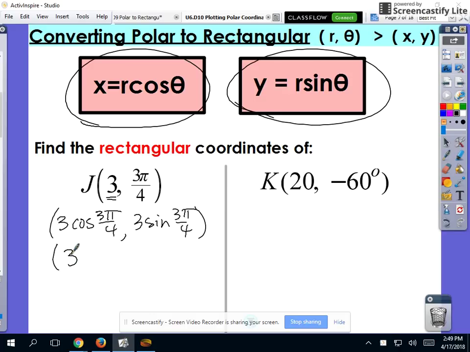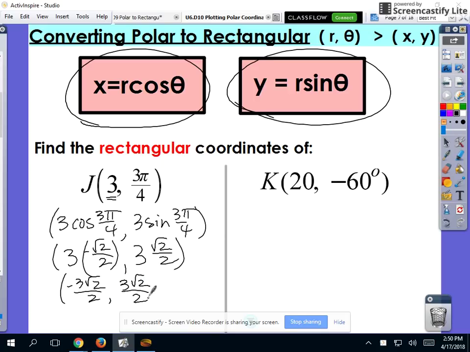So cosine of 3 pi over 4 is at negative root 2 over 2. And then 3 sine at that value is root 2 over 2. So when we simplify, that gives us negative 3 root 2 over 2, 3 root 2 over 2. And that's the rectangular form of that same point.